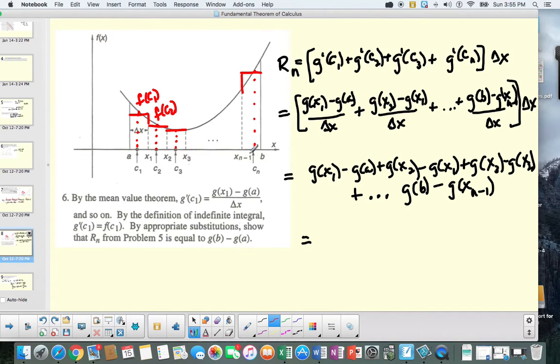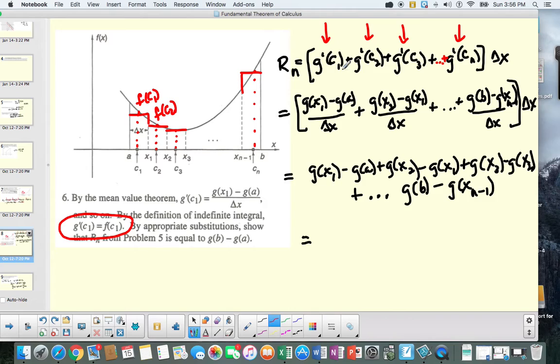So I am going to substitute g prime of c sub 1 for all the f's. Now all the f's have been substituted with g prime, and these all represent the derivatives, and here's our delta x.